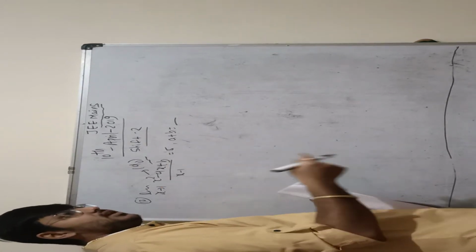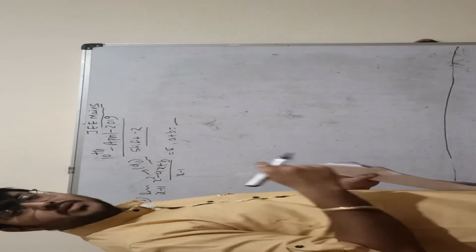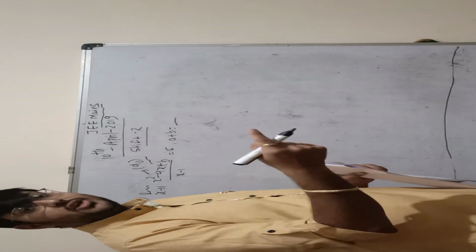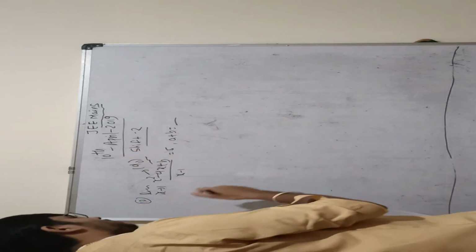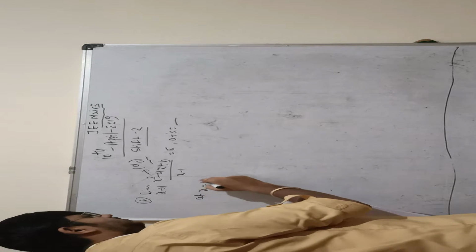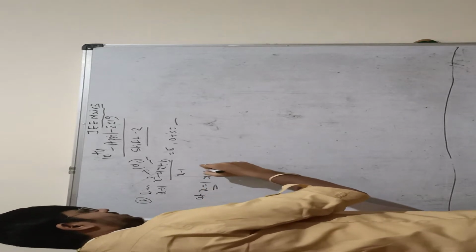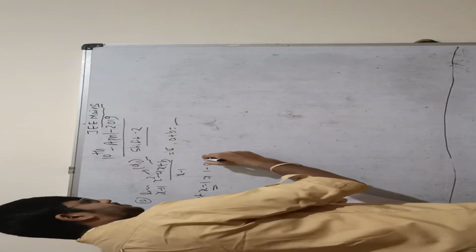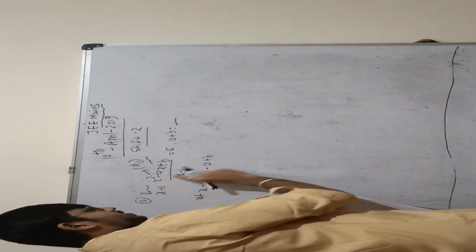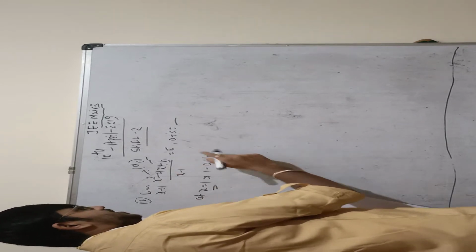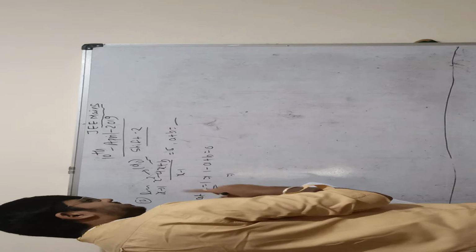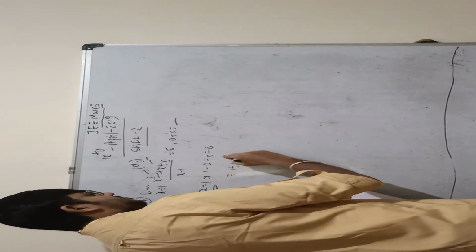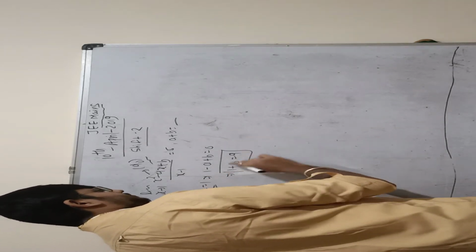So compulsorily, for the limit to exist, the numerator must be 0 at x equals 1. At x equals 1, the numerator is 1 minus a plus b, which must be 0. So this is the first equation: 1 plus b equals a.